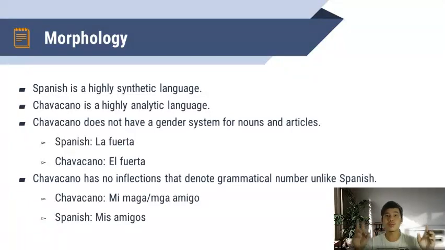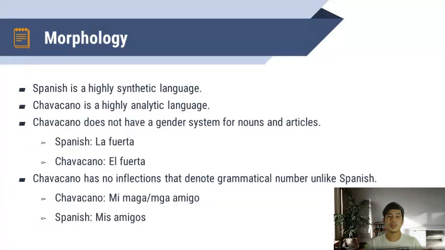We use the article la. So we say in Spanish la puerta, but in Chabacano, we don't. El puerta. Letter A here in the word puerta does not denote that the noun is feminine in form.